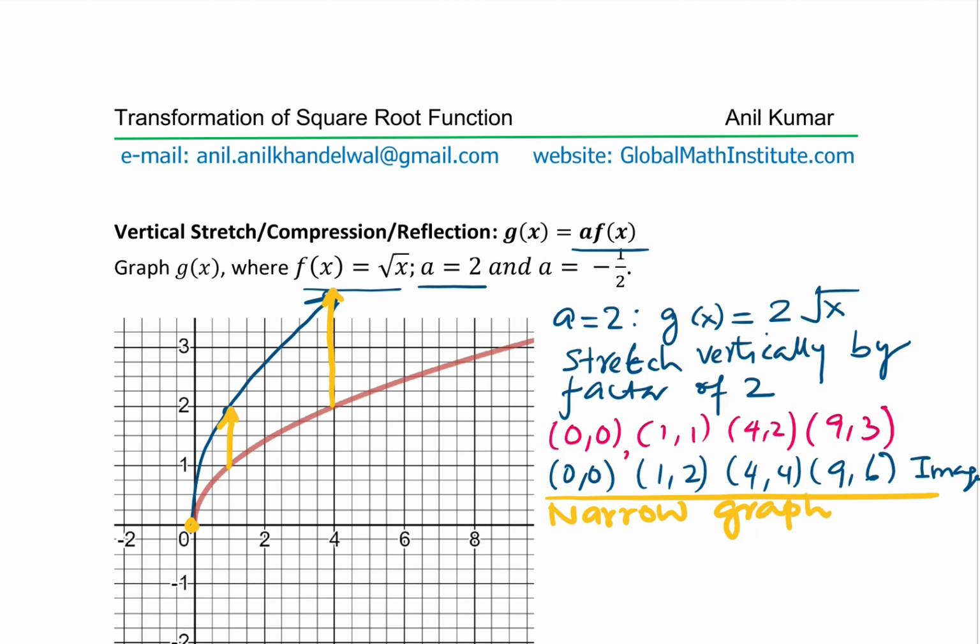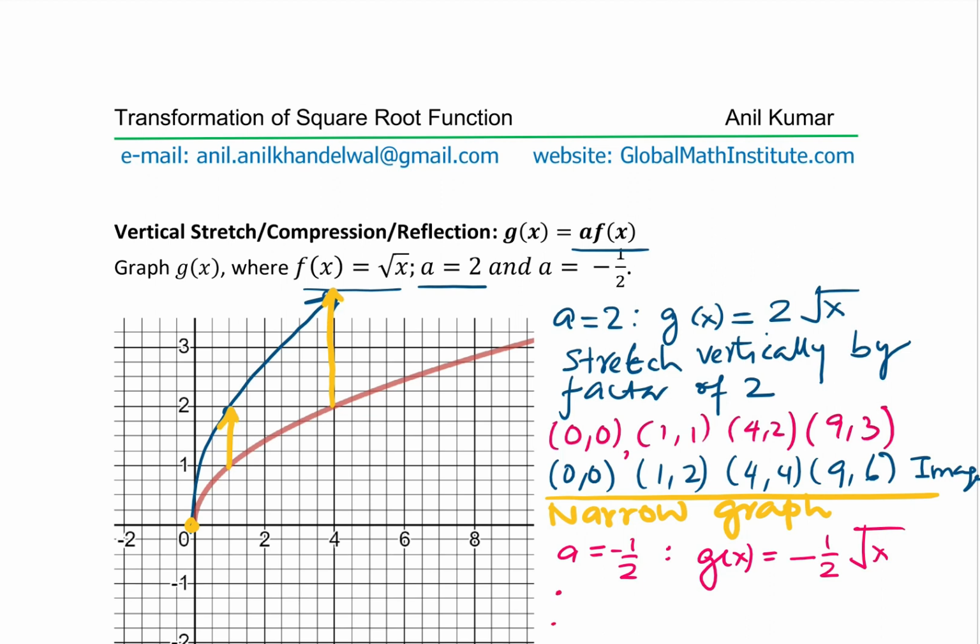Now let's take up the second case, which is when a equals minus half. So if a equals minus half, in that case, g of x will be equal to minus half square root of x. Now in this case, there are two transformations taking place.